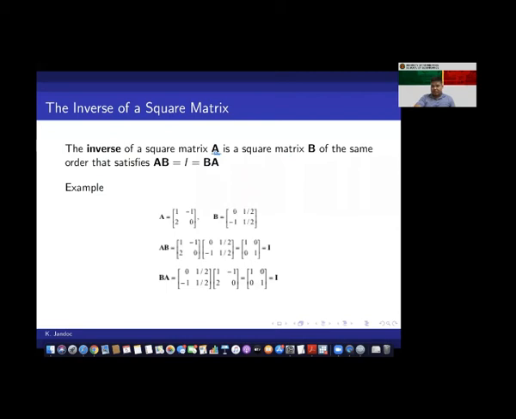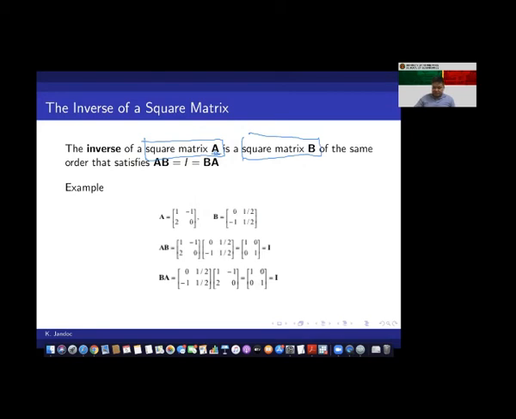A square matrix is a matrix that has the same number of rows and columns. So suppose you have a square matrix A, and another square matrix B, of the same order, the same dimension.